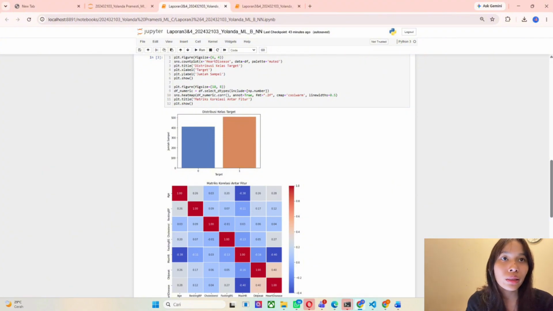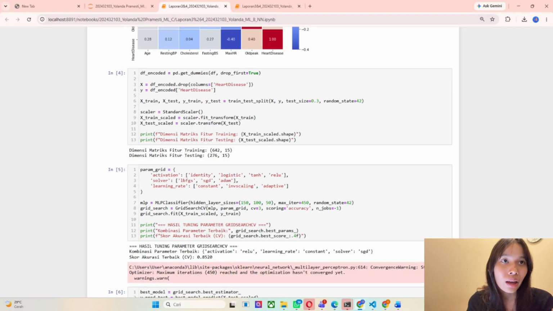Next, we look at the structural info and data split. The output of df.info confirms that we have 918 total rows and 12 columns. It also lists our categorical object columns such as sex, chest pain type, resting ECG, exercise angina, and ST_slope.